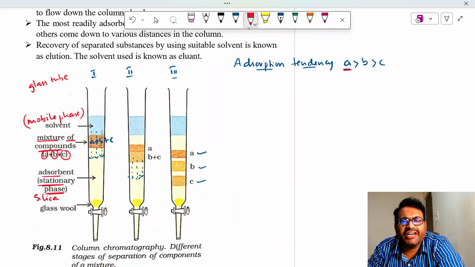Which has the least adsorption tendency towards the stationary phase? C. As C has the least tendency of adsorbing to the stationary phase, it moves some more distance, when compared with A and B.